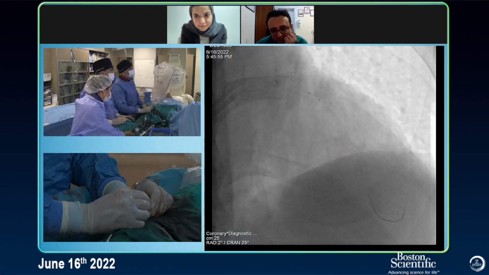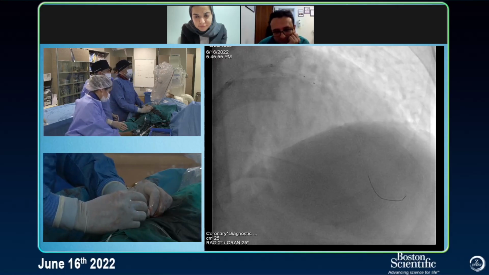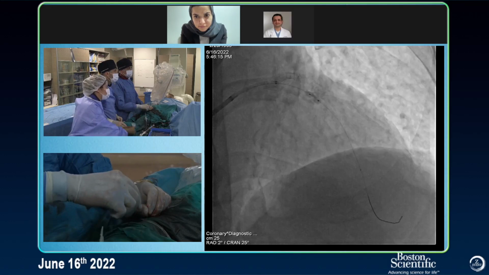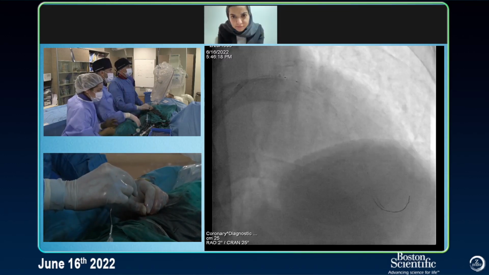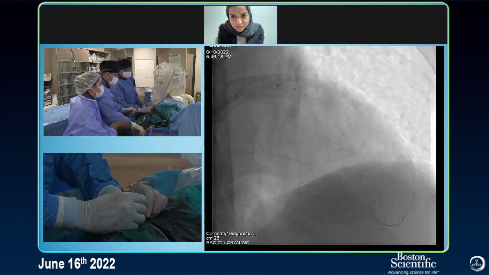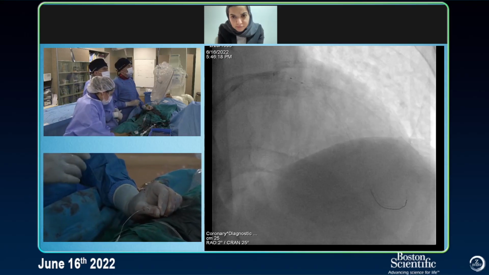Yes, go up 12, 12. Down. Now the size of the stent. Up 20. 3.28.